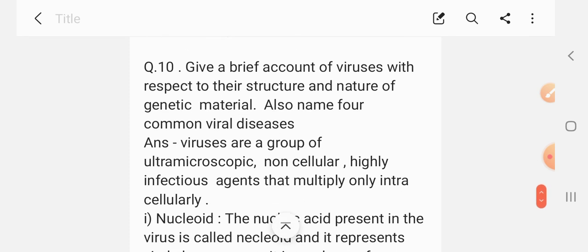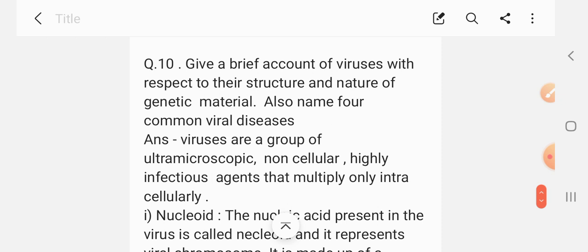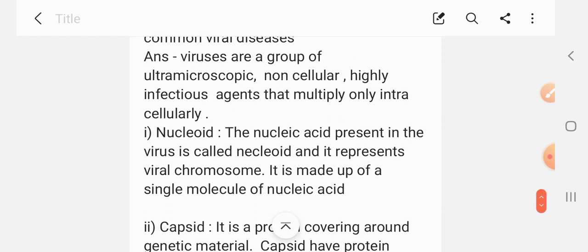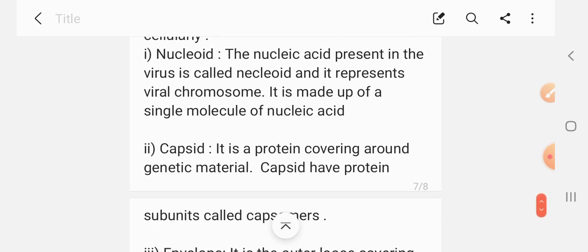Question number 10. Give a brief account of viruses with respect to the structure and nature of genetic material. Also name four common viral diseases. Answer: Viruses are a group of ultramicroscopic, non-cellular, highly infectious agents that multiply only intracellularly. Number 1, Nucleoid: the nucleic acid present in the virus is called nucleoid and it represents the viral chromosome. It is made up of a single molecule of nucleic acid.